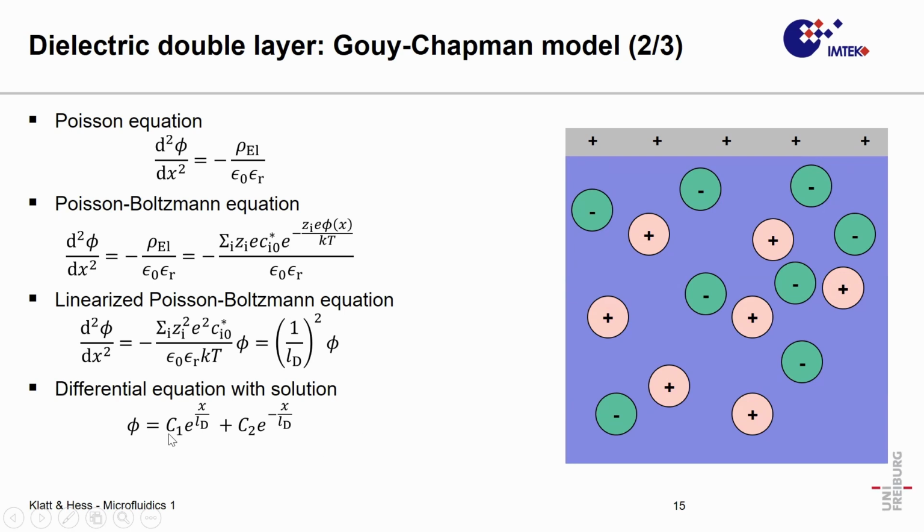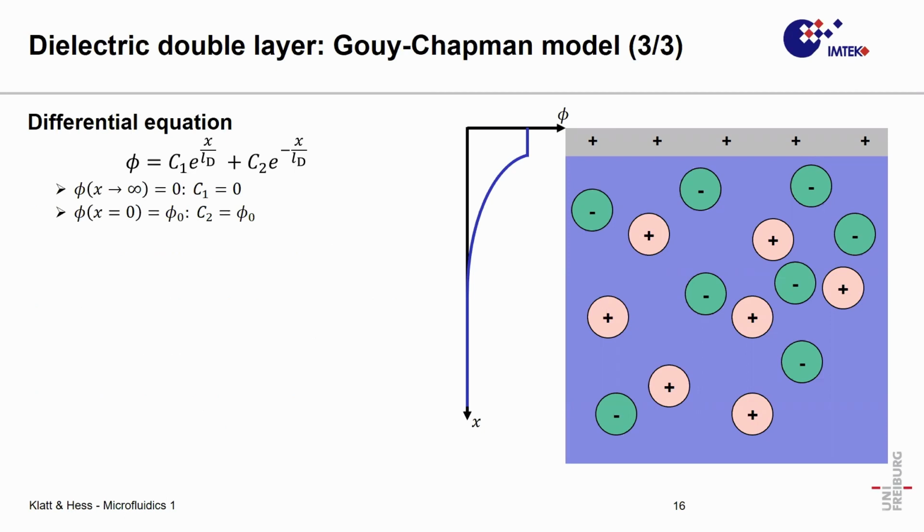So phi equals a constant C1 times the exponential function of x divided by the Debye length, plus a second constant C2 times the exponential function of negative x divided by the Debye length. We use the boundary conditions of our setup. The first one is logical.